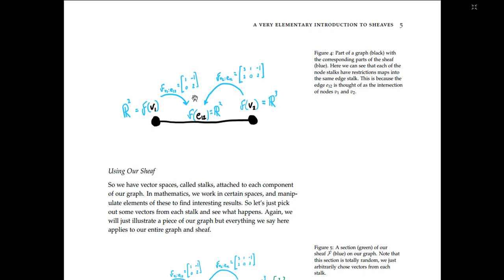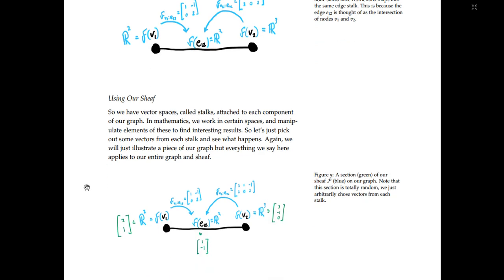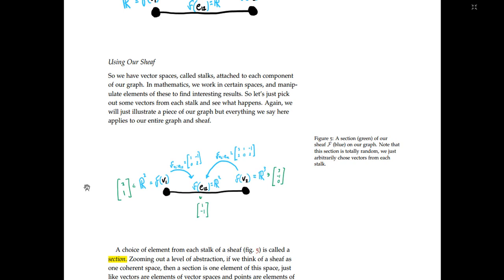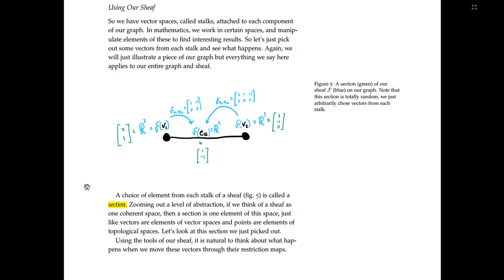Now that we have associated to each edge and to each vertex like a vector space, we can have a linear transformation between them. And we can take elements in this vector space. So an element from each stack of the sheaf is called a section.